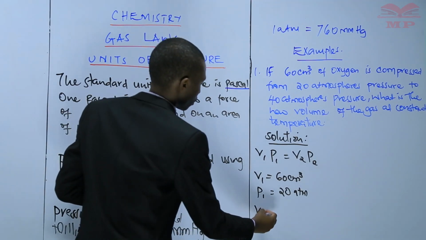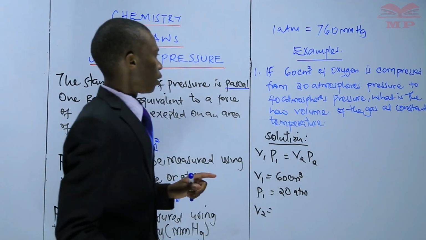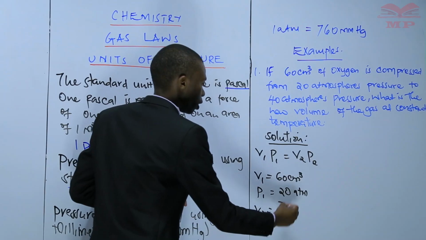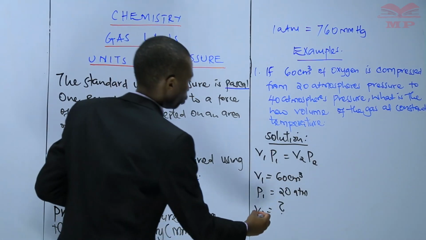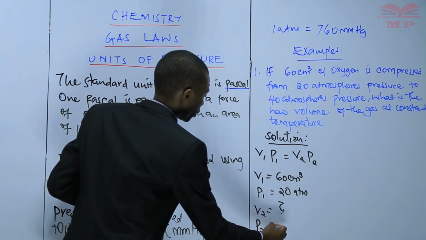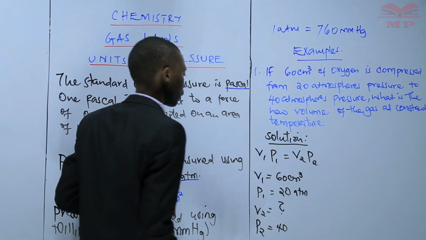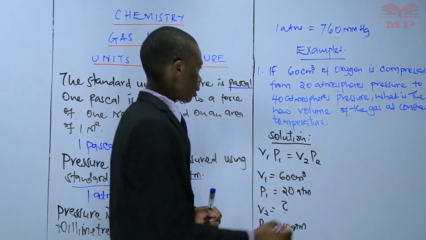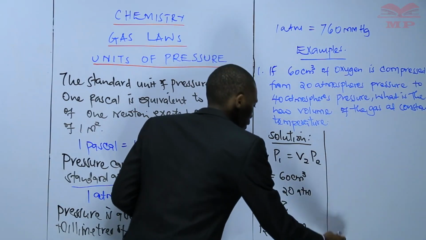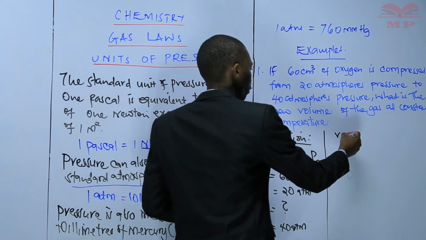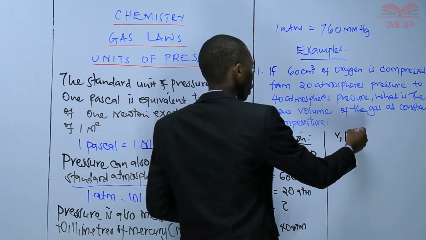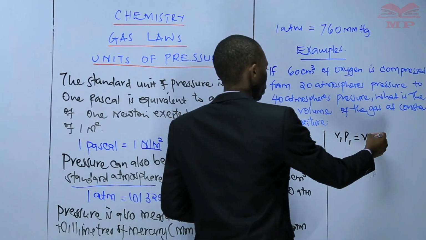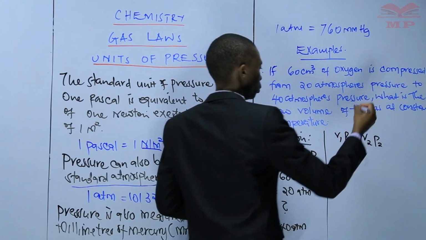V2 is what we are looking for, and P2, the final pressure, is 40 atmospheres. Therefore, we still have our formula V1 P1 equals V2 P2.